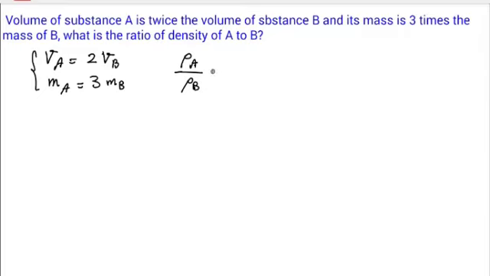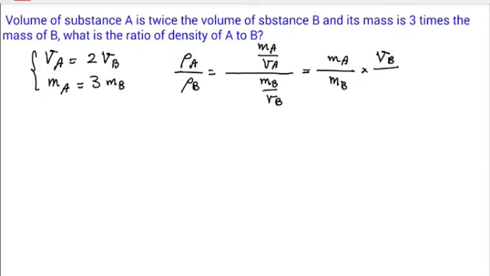Ratio of densities, rho of A over rho of B is equal to M of A over V of A divided by M of B over V of B, which is equal to M of A over M of B times V of B over V of A. We suggest you prove that every time.